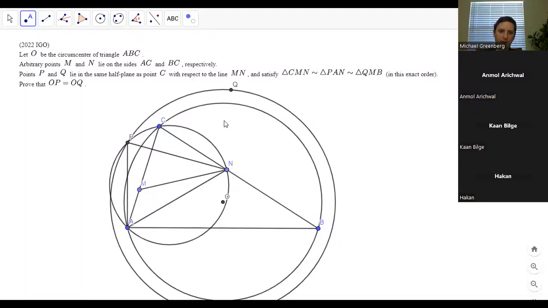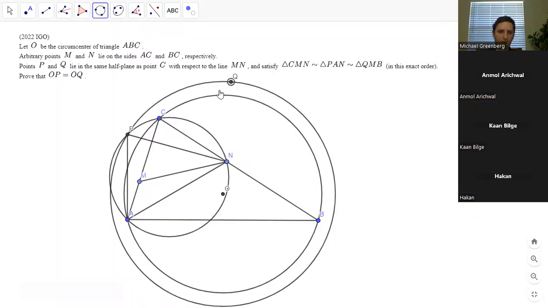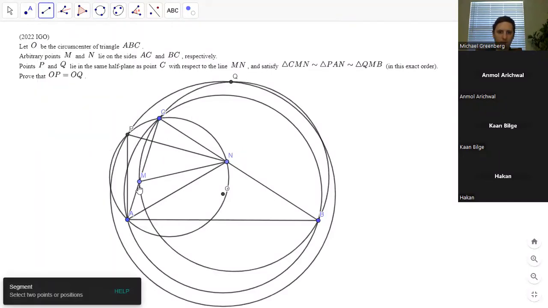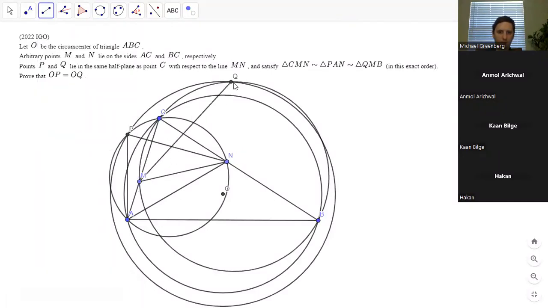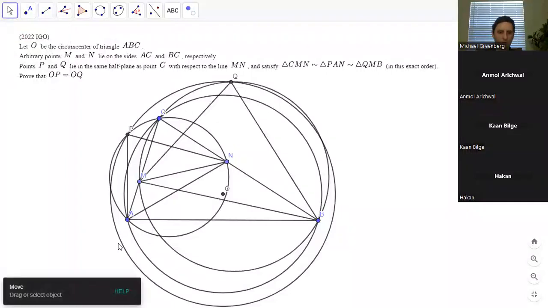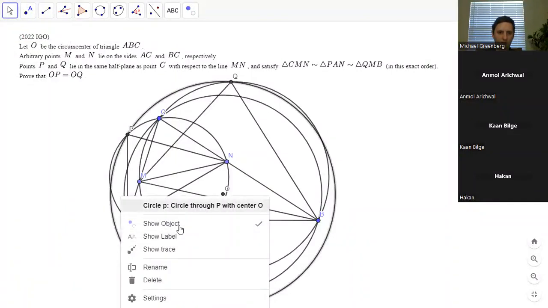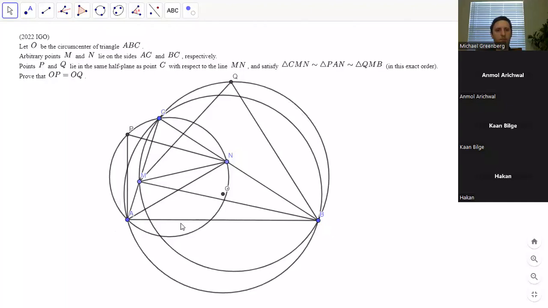CPAN and QCBM are both cyclic. Okay. All right. And this circle I will hide because we don't know it's true.